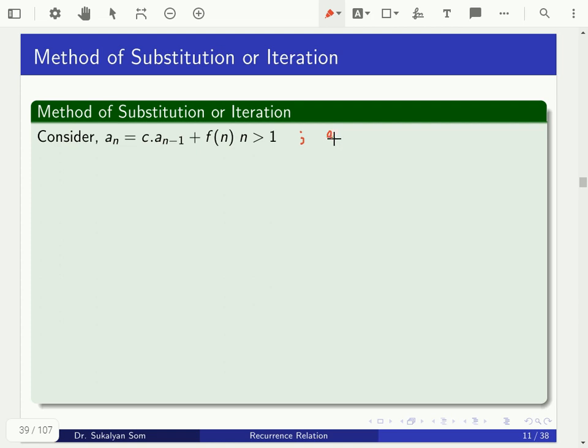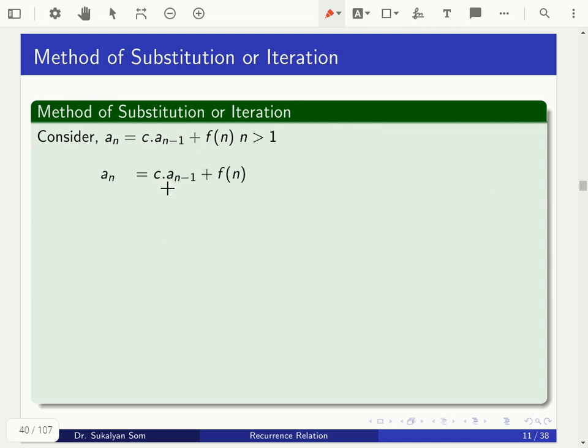Now, how do we solve a linear recurrence relation by the method of substitution? What we do is substitute a_(n-1) in terms of its previous term a_(n-2).